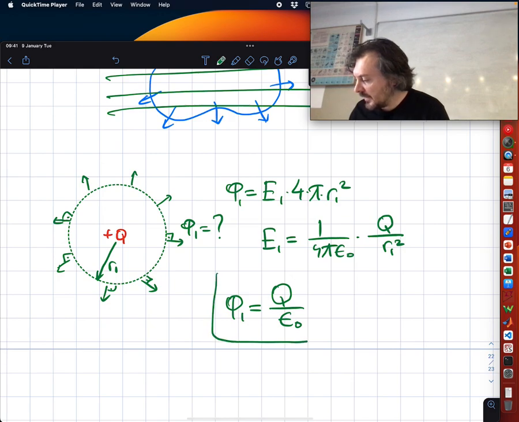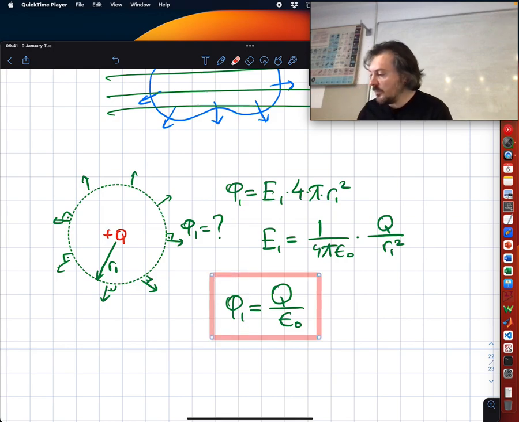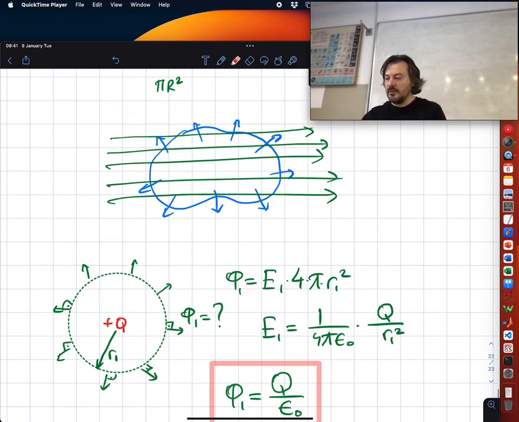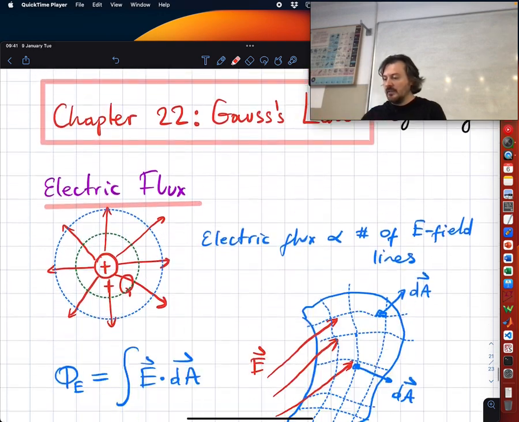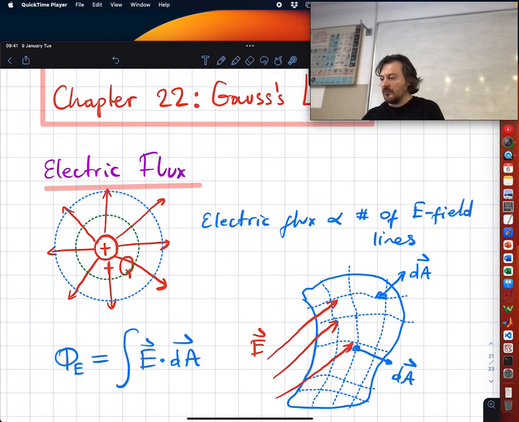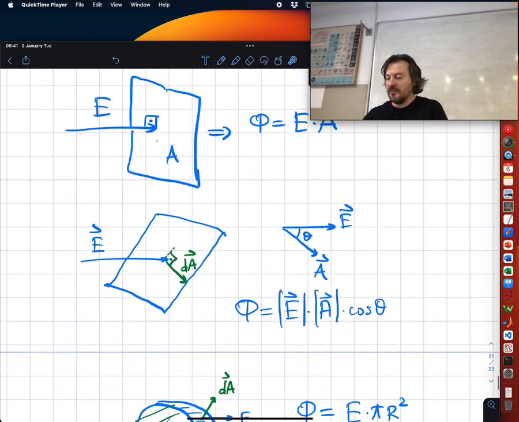Just as we expected, it comes out independent of R1. Why do we expect this? Because I told you that electric flux is proportional to number of field lines, and then I told you that the number of field lines crossing this surface and this surface are the same. So it should have the same flux.